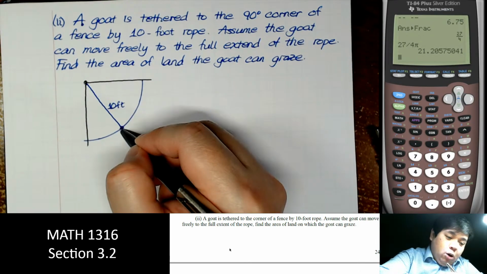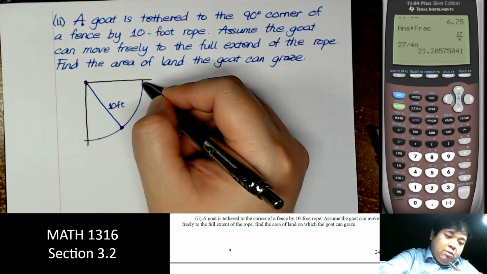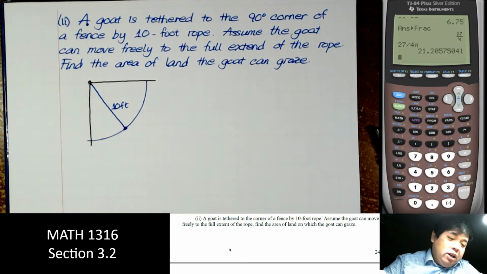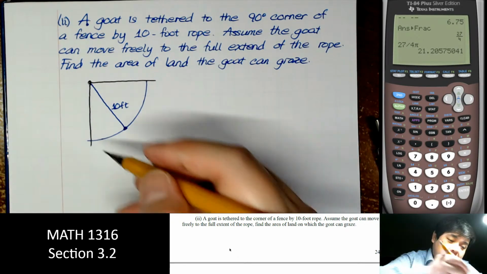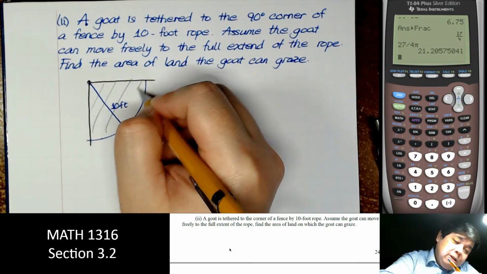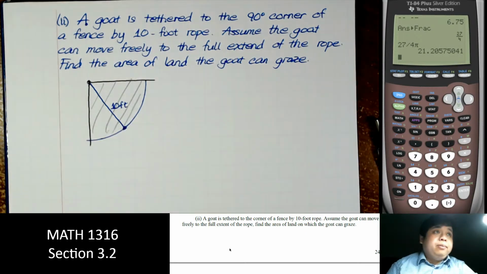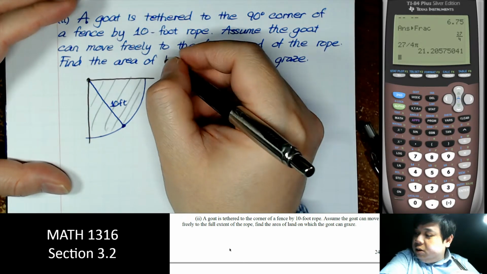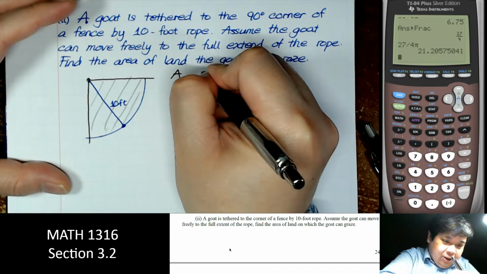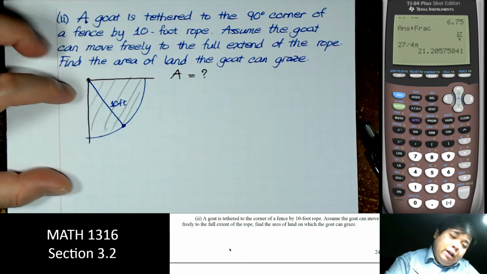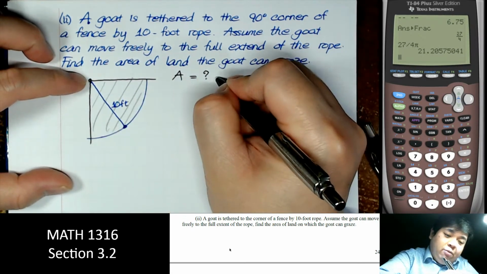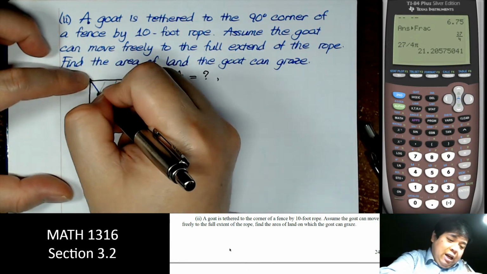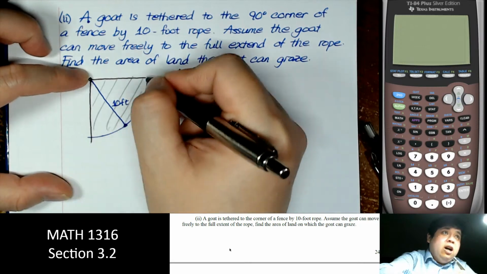And assume that the goat can go anywhere within this region. The question is, find the area of land. So obviously we're talking about this land. Once again, we're asked to find the area. What we know is the rope is 10 feet, meaning that the goat can go to full extent and can eat anywhere within this corner of the fence.